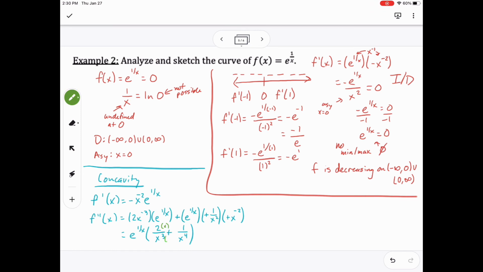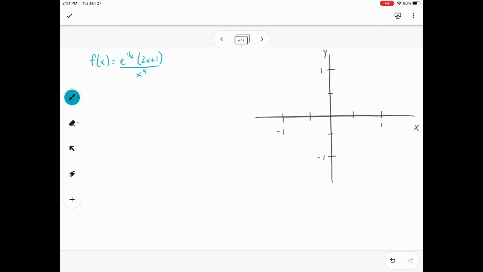They have not quite like denominators, so I'm going to make them common. So it gives me a 2x plus 1 over x to the 4th, and then put it all together as one function. Then from there, I'll do the same thing that I did with the other one. So I'll set it equal to 0. Notice that x to the fourth is still an asymptote, so I can ignore that.